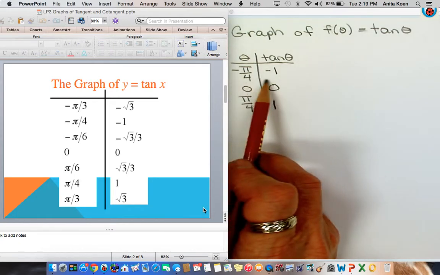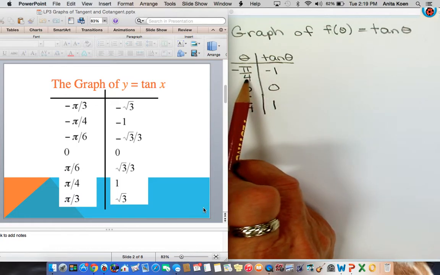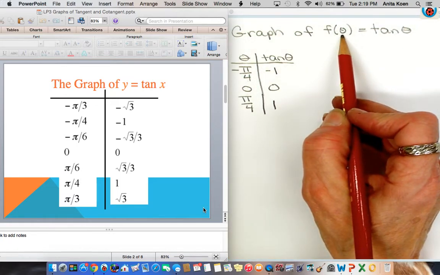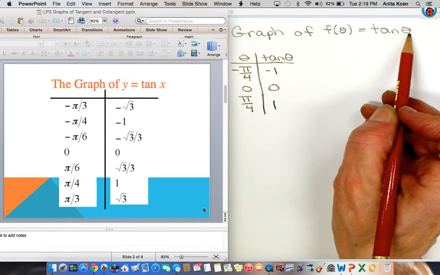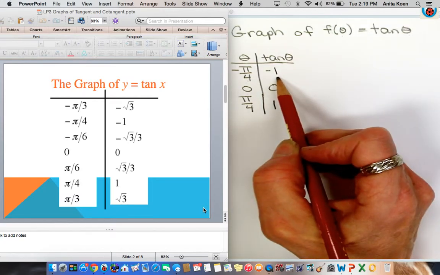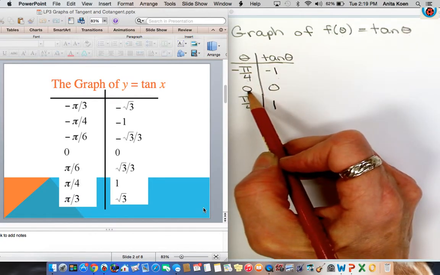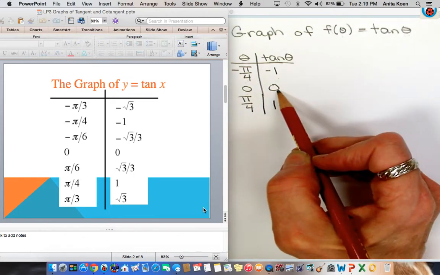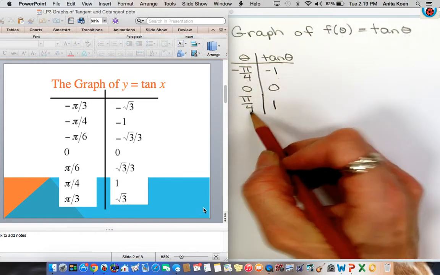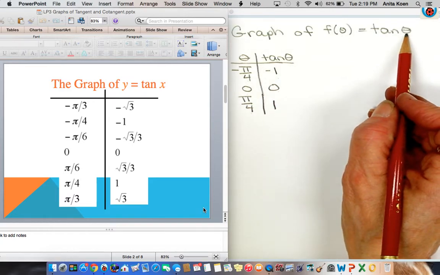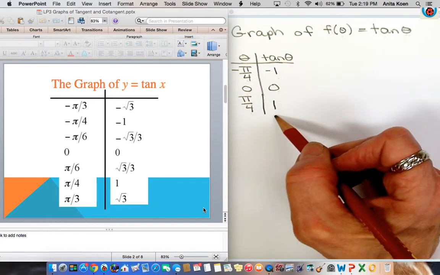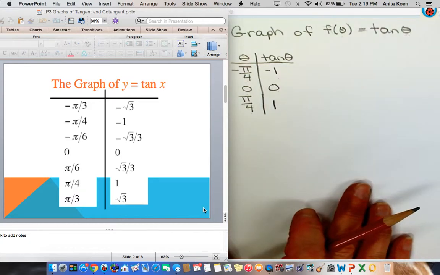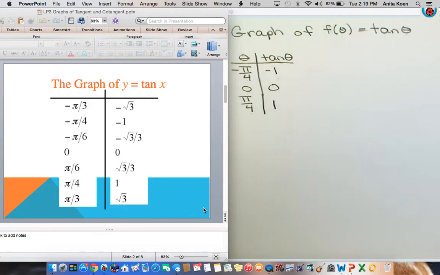Be sure that you understand that what we're doing here is we're taking the negative pi over 4, putting it in for theta, and saying the tangent of negative pi over 4 is negative 1. Taking the 0 and substituting it into the function, the tangent of 0 is 0, and taking pi over 4 and substituting it in and getting the tangent of pi over 4 is 1. These are the important points that I want you to be sure that you can graph.